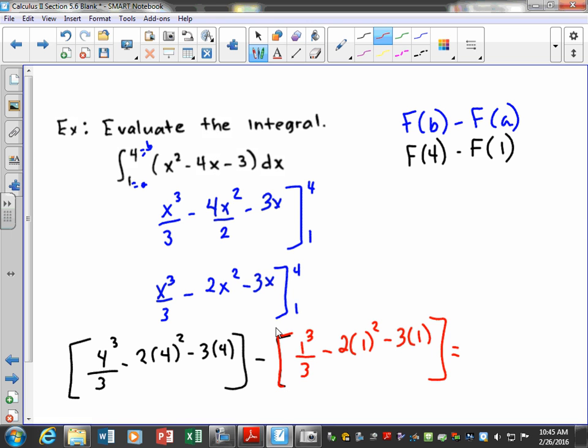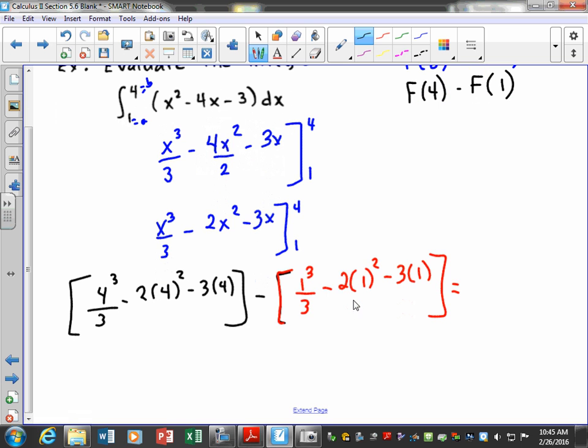Okay, plug this in, we'll simplify this. Let's see if I can get a little more room here. So that's just going to be 4 cubed is 64 over 3, minus, let's see, 4 squared is 16 times 2 is 32, minus 12.